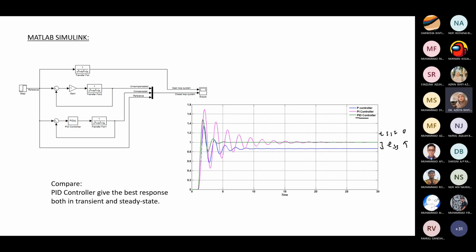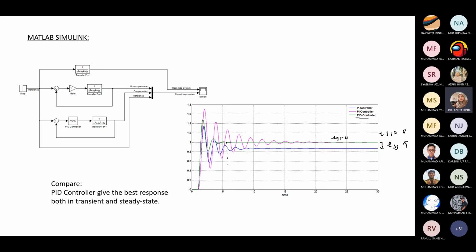Different from the PID controller. The PID controller is the combination of the PI and derivative. So we can see here for the PID controller, ESS is equal to 0 and the transient is also improved. The Ts here is improved compared to the P controller and the PI controller.